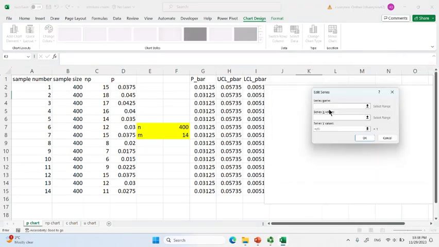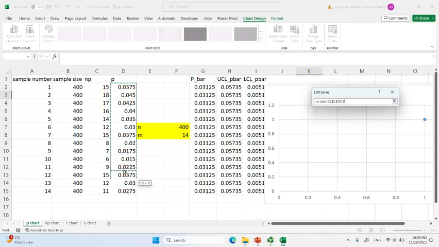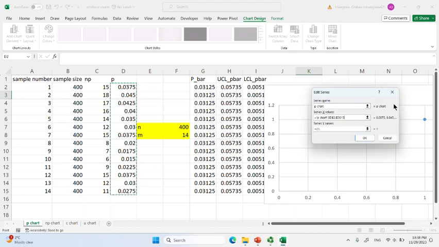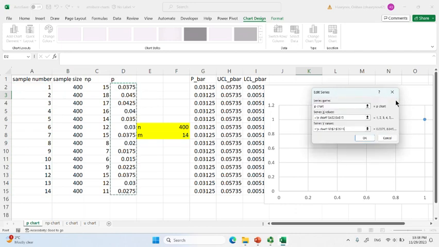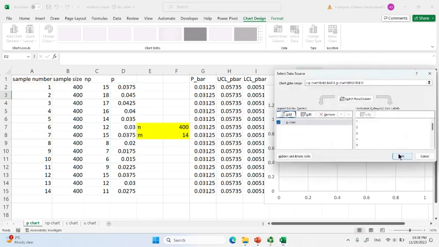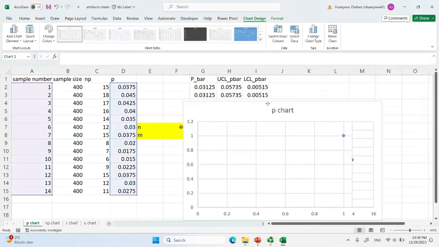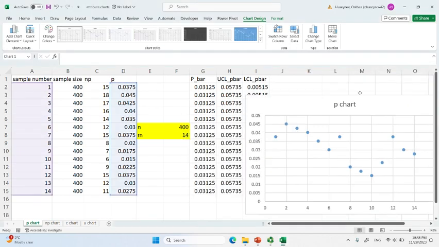Then we will have the p chart, and then we will have the p values here, and the x is the samples, sample 1 to 14, then y is the p values. Okay, so this is the p chart.